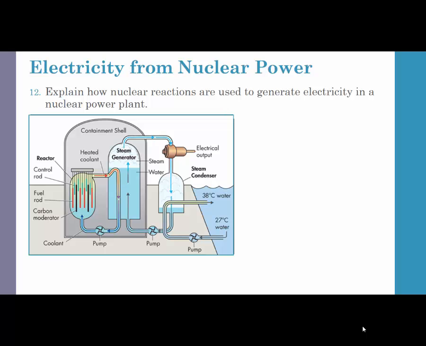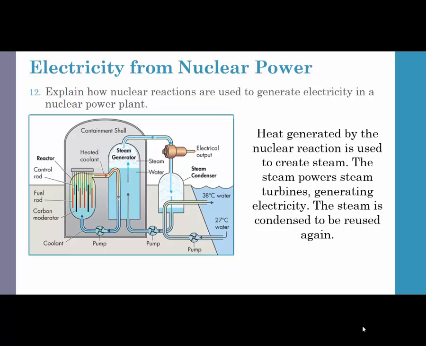And as that reaction happens, it gives off lots and lots of heat. That heat is then used to convert water, liquid water, into steam. And that steam will power steam turbines and generate electricity. That steam can then be recondensed and be used again and go through the process to generate more electricity.